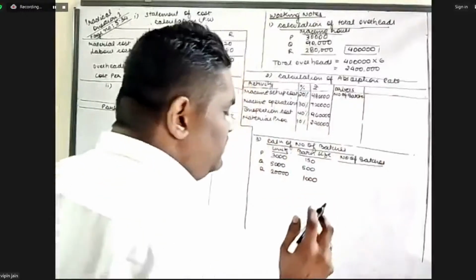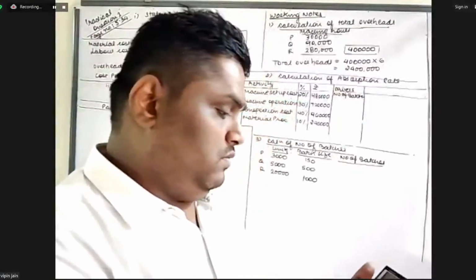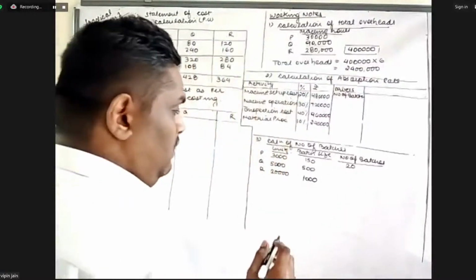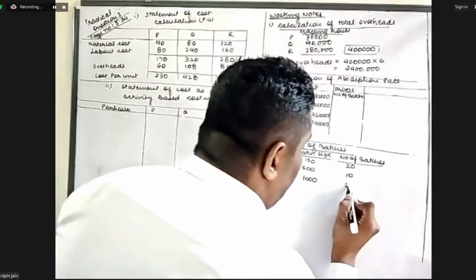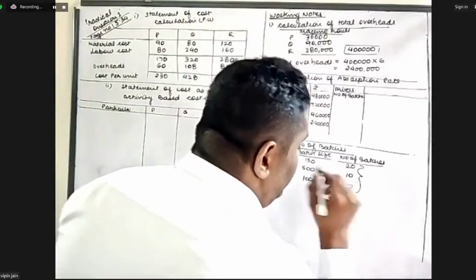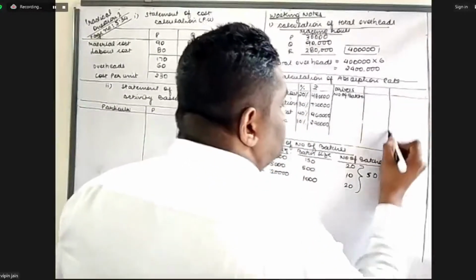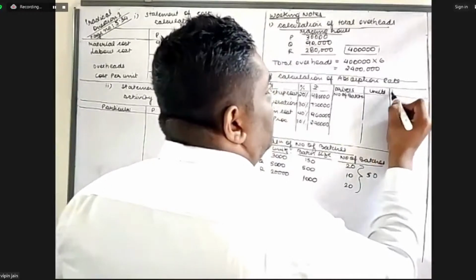So 3,000 divided by 150, and so on. Total number of batches will be 20, 10, and 20. So in aggregate, total 50 batches.